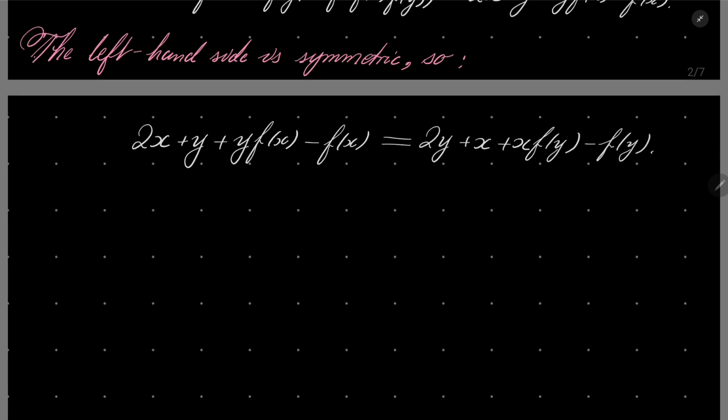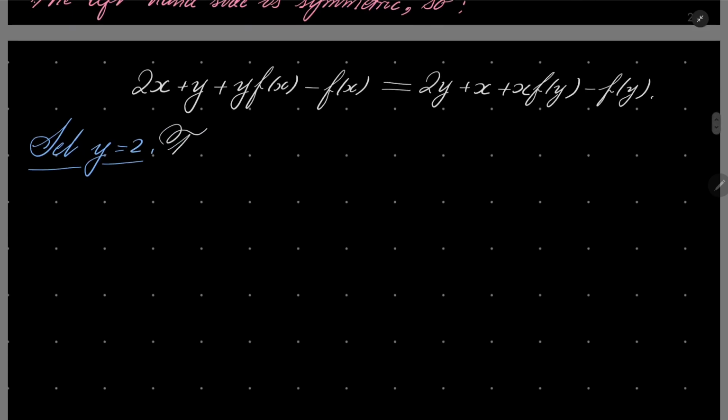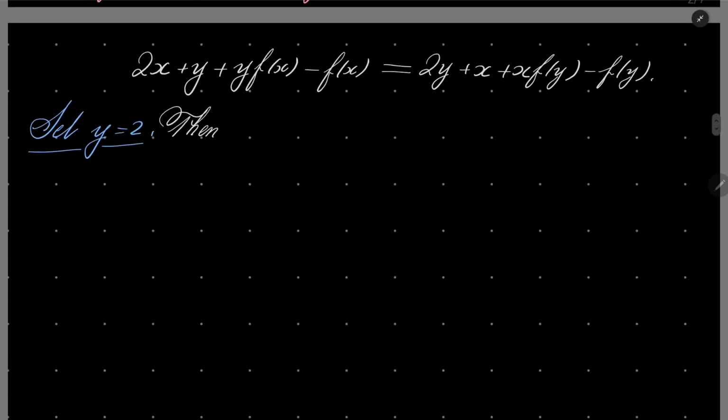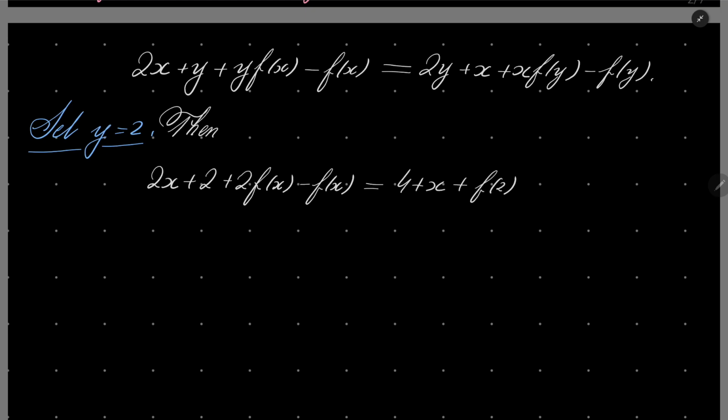And now, crucially, let's set y equal to 2. Then we have the following: 2x plus 2 f of x minus f of x equals 4 plus x plus f of 2 times x minus f of 2.